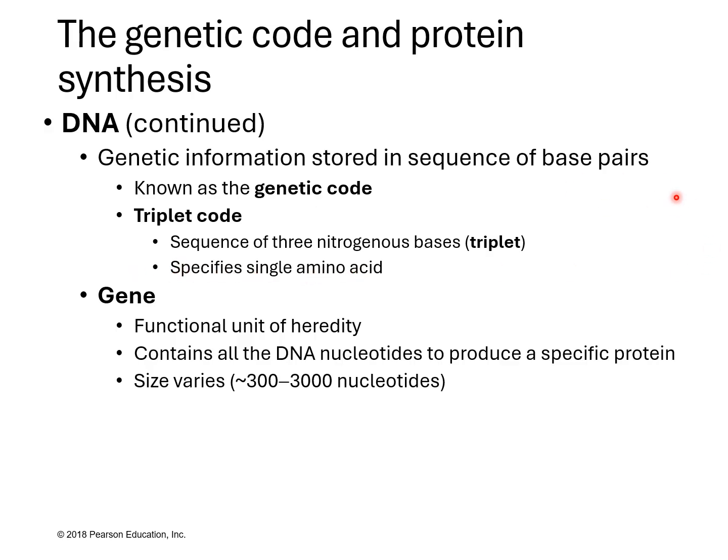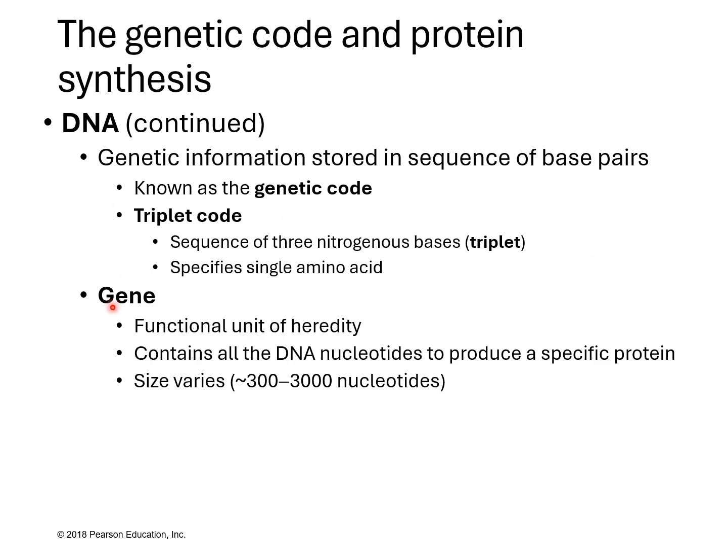So DNA makes RNA, and RNA then codes for an amino acid that gets held together by a peptide bond, and that's how you have a polypeptide, which is just another fancy word for a protein that your body is going to make.